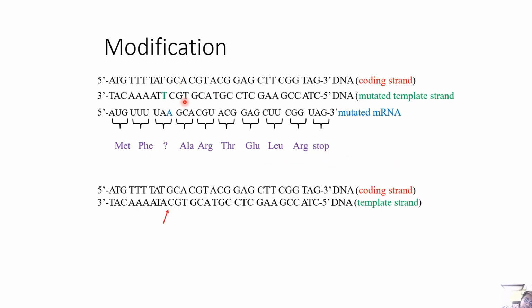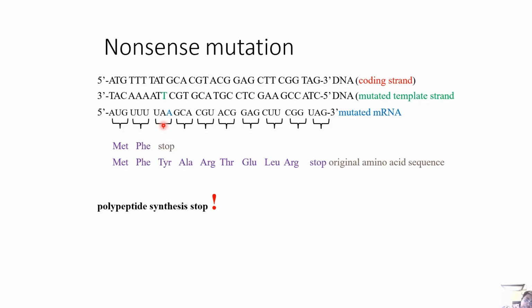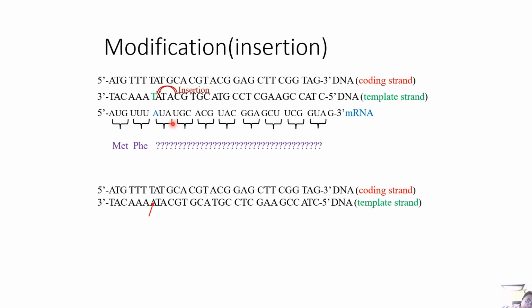Then we have modification, where there is a mutated template strand and again a mutated mRNA. We have nonsense mutation, where any triplet that gets transformed into a stop codon is a nonsense mutation, and the polypeptide synthesis stops.